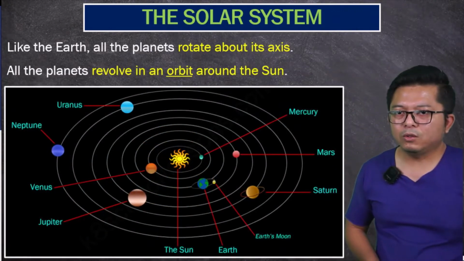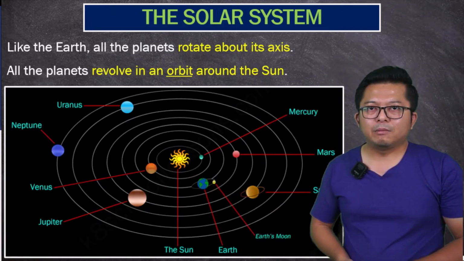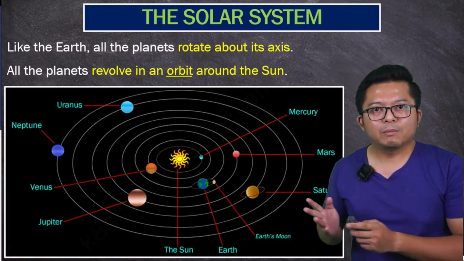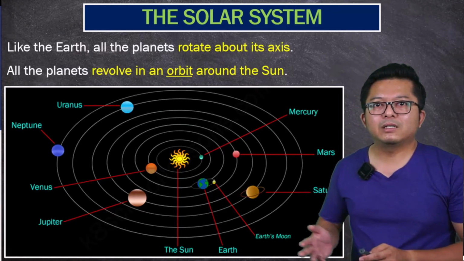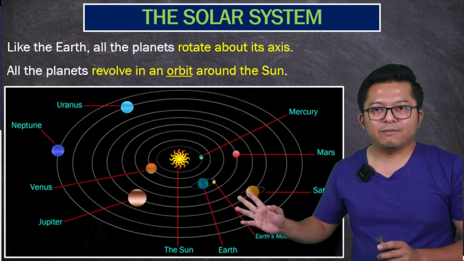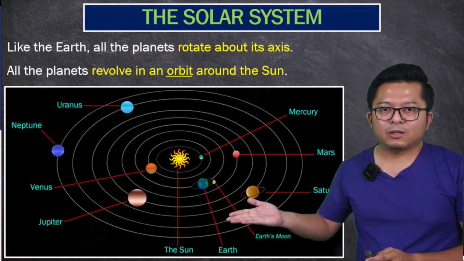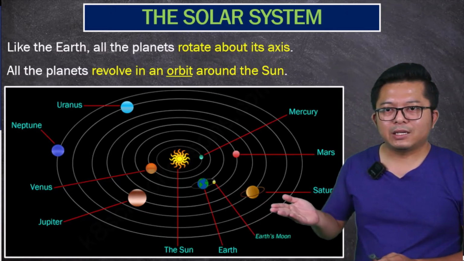So as I told you before, the sun is located in the middle of our solar system. I also mentioned that this is not up to scale. The real scale is not like this, it's quite different. But to illustrate it better and make it easier to understand, we can see here.